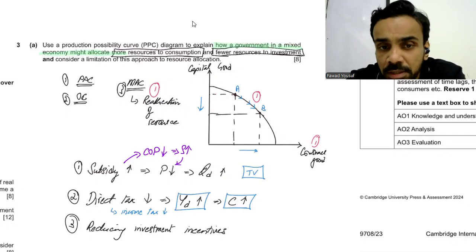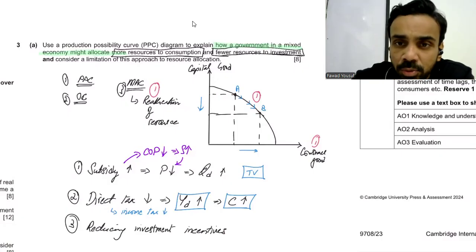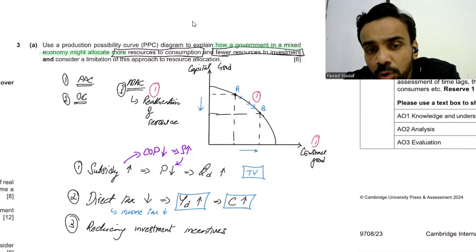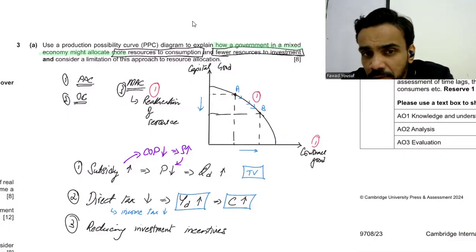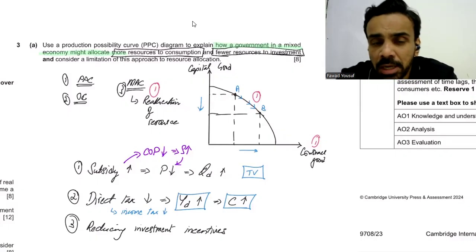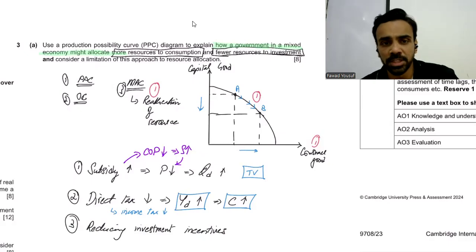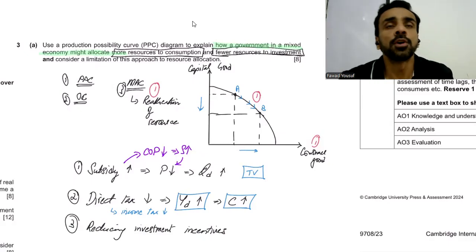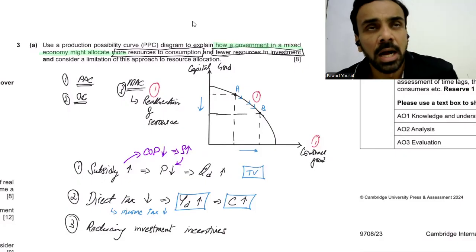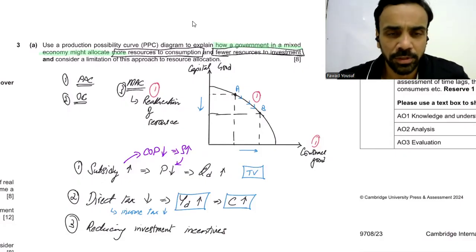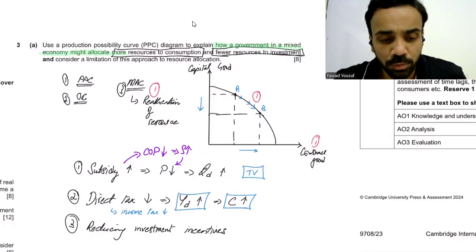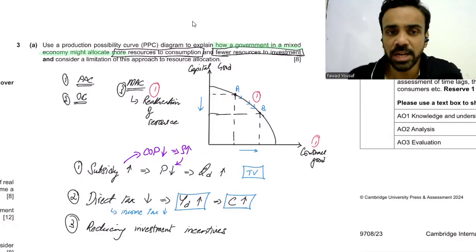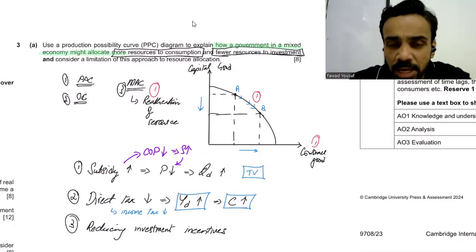Remember, there's not always factor mobility from capital to consumer. It always takes time, sometimes years, for an economy to move from a certain type of good. For example, in the Henry Ford example I gave, the movement from military goods to consumer goods can't just happen easily overnight, it takes time.